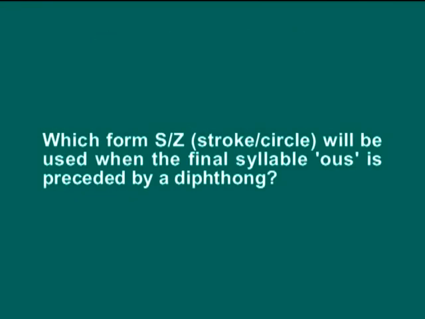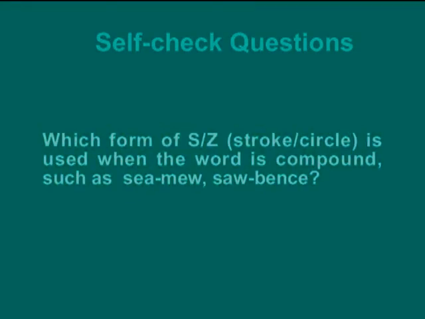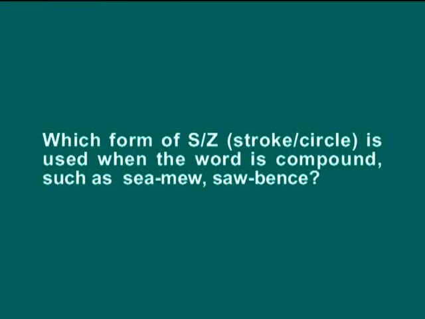Which form of S or Z, stroke or circle, will be used when the final syllable is preceded by a diphthong? Which form of S or Z, stroke or circle, is used when the word is compound, such as see mew, saw Benz?